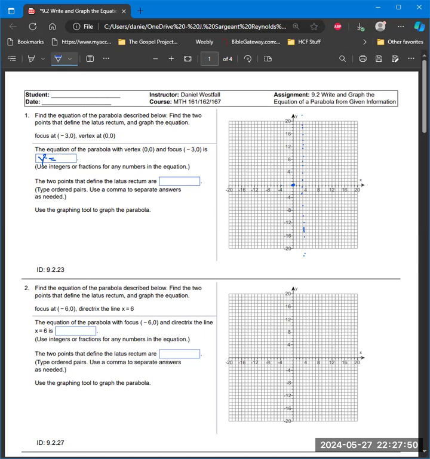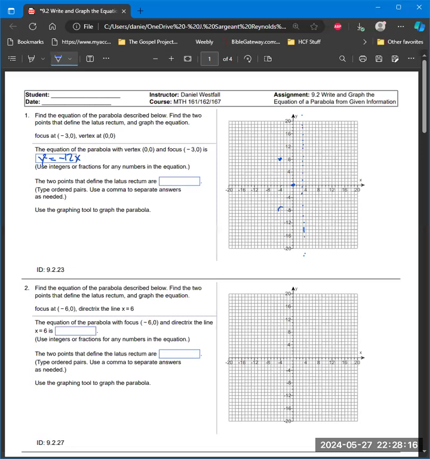Since it's got its vertex at (0, 0), 4 times a is -3, so that's y squared equals -12x. At x equals -3, we get y squared is equal to 36. So we're going to have (-3, 6) and (-3, -6).